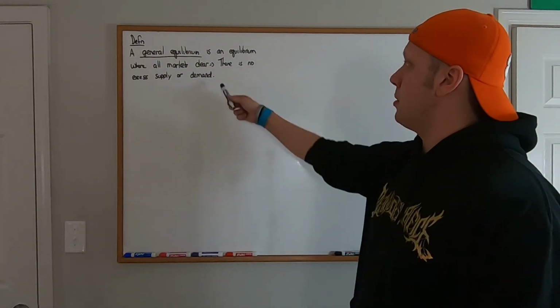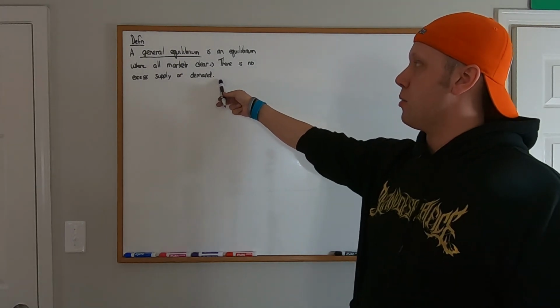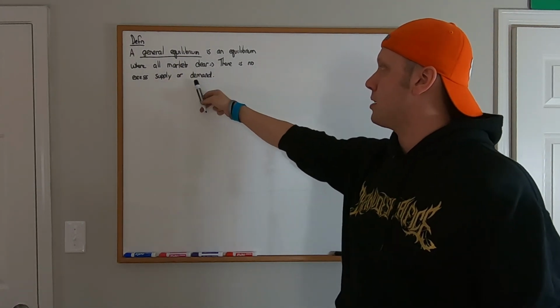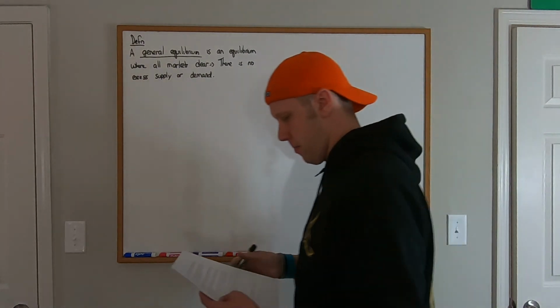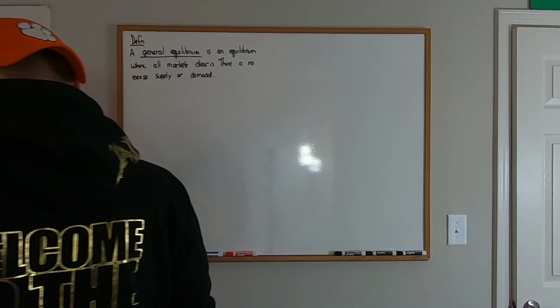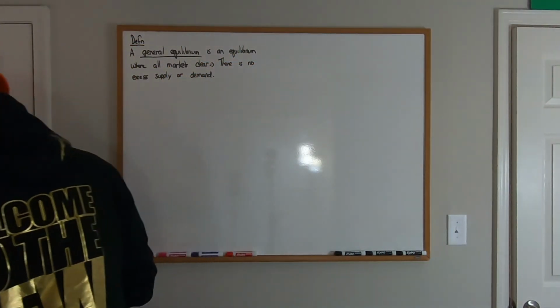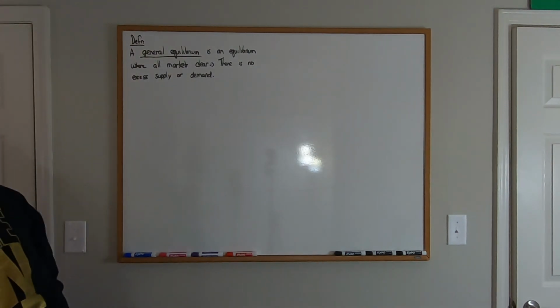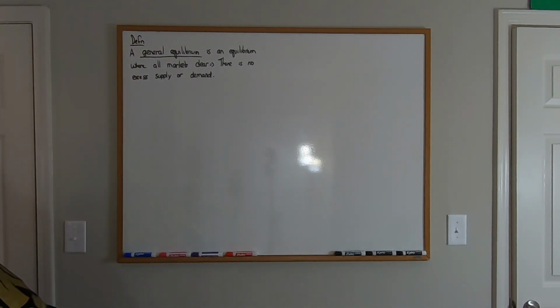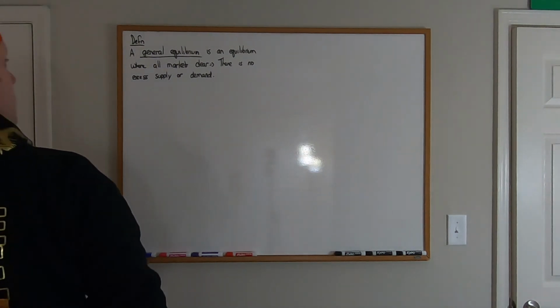Now, under a general equilibrium, if all markets are in equilibrium, all markets are clearing, there's no excess supply or demand in any individual market. So these markets are all interrelated in some way, shape, or form. Changing one market is going to change the other market.